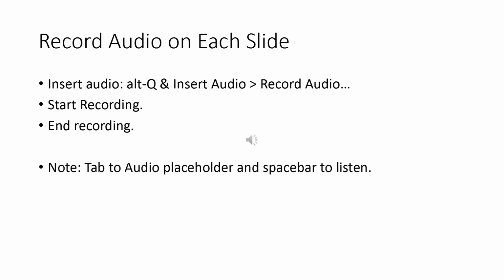To record the audio, you can find insert audio in the ribbon somewhere, but it's much easier to press Alt Q first and type audio. Here you can press down arrow or press enter, and you have audio from PC or record your own audio, and you just select record your own audio and start recording.